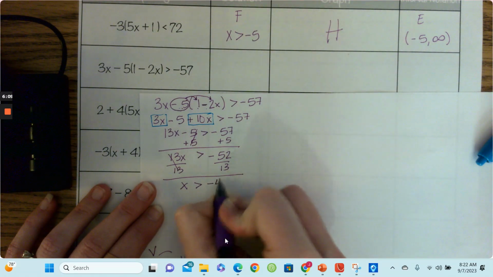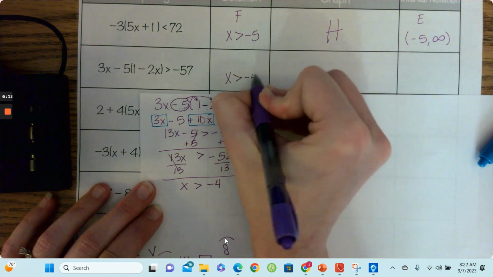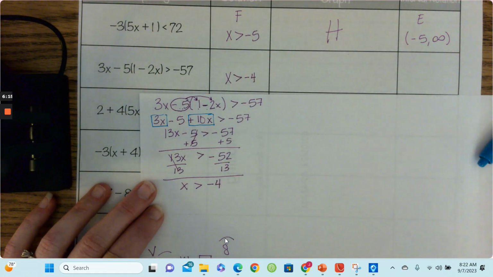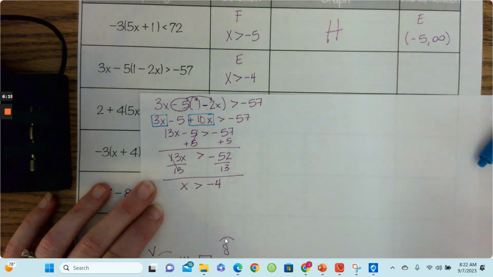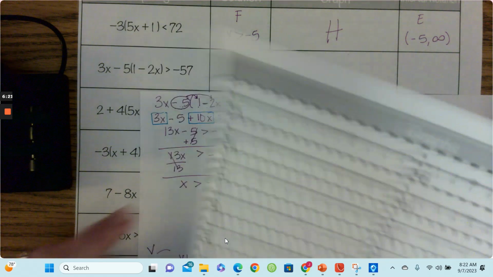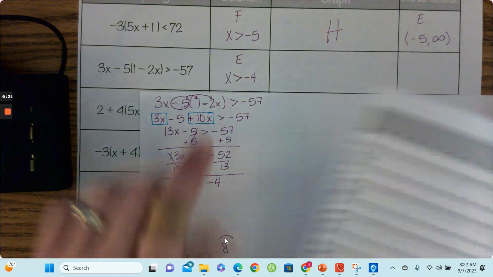Negative 4? So x is greater than negative 4, which is E. All right, so I'm looking for a graph. I want an open circle at negative 4.